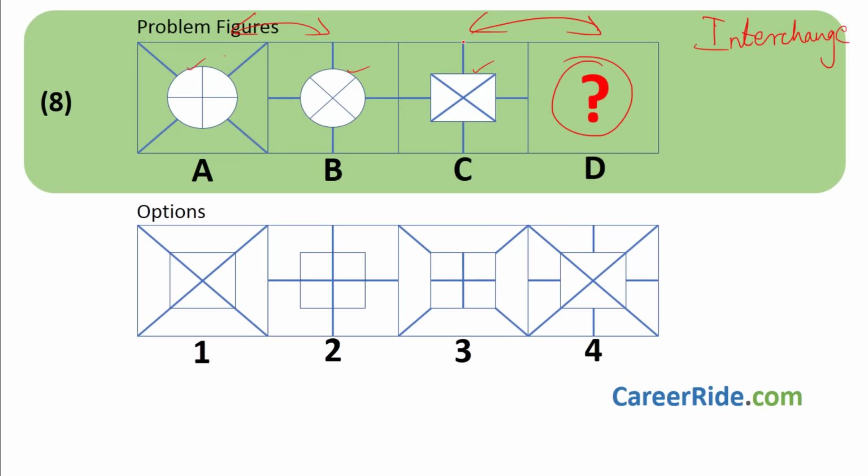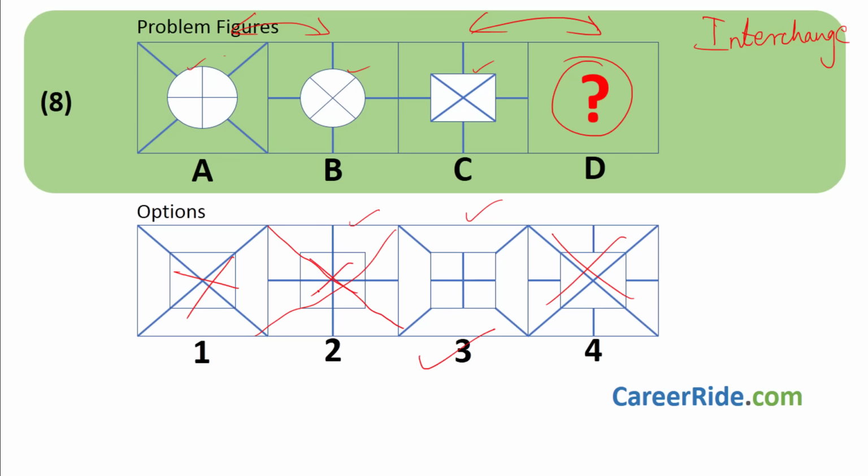Now outside straight lines will come inside. So where are straight lines? Here it is straight line, here it is straight line. So this is not the answer. Now here inside lines will go outside. Now over here there is no cross line, so this is not the answer. The answer has to be this. Now if they would have given like this, say option number 2 is like this, then you need to see that these outside lines do not come inside the circle.